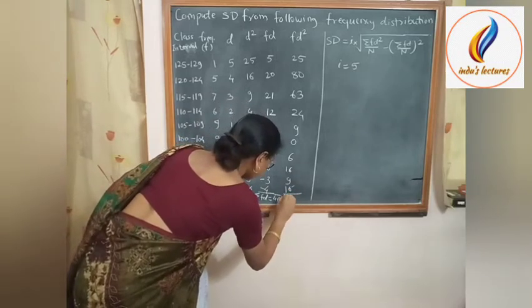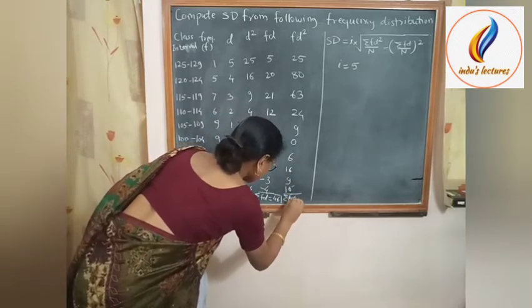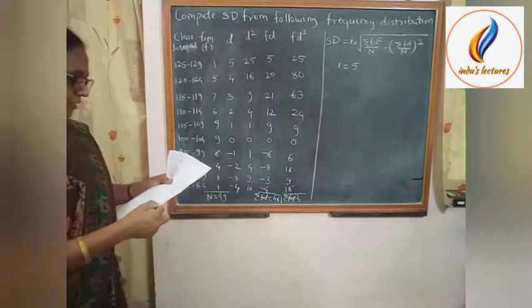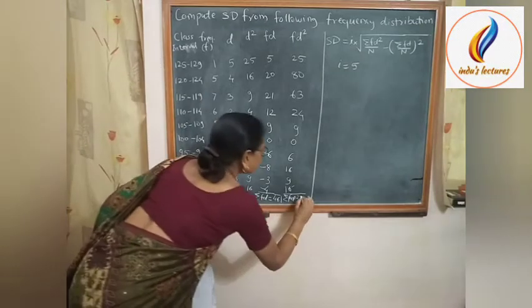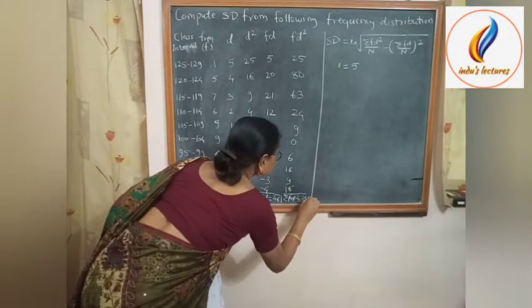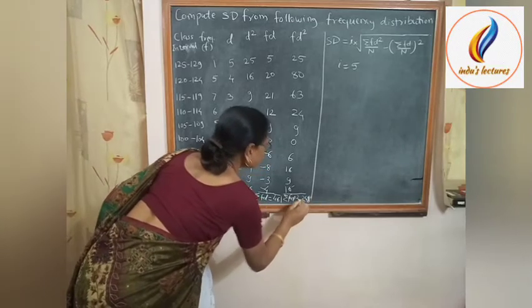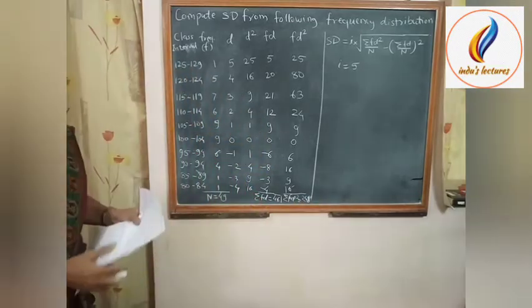And take the sum of fd square. So summation fd square is equal to 248.